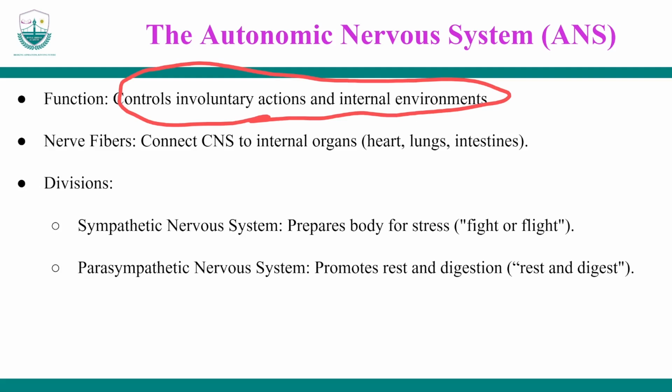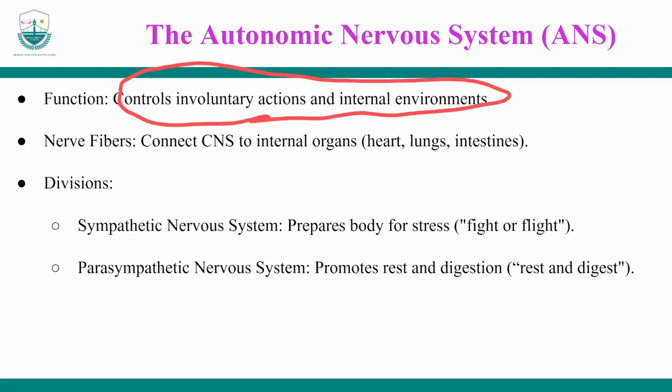The nerve fibers of the autonomic nervous system connect the central nervous system to these organs. Remember, these organs are the ones performing all these different roles. The heart pumping blood, you have the liver doing a lot of metabolism of fats, proteins, carbohydrates, and a number of other functions. So you have the intestines, you have the lungs.